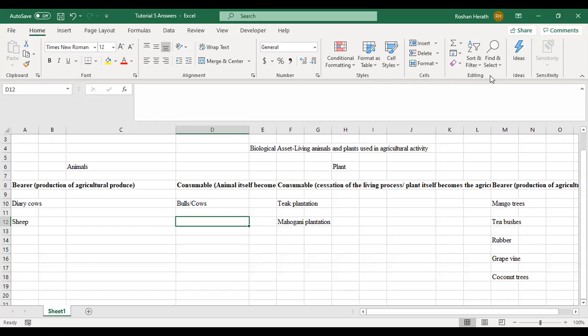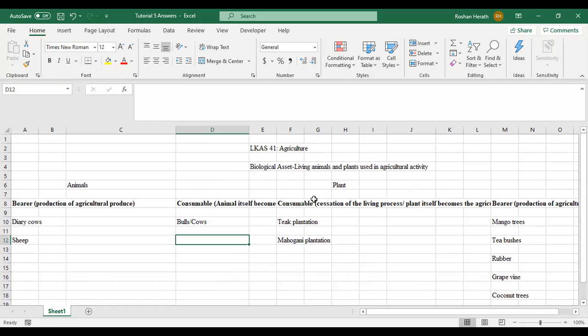It says that since you are using them during the works in the agricultural lands, they are being occupied. No, that is not the case. Here, when it comes to this standard, it looks at whether they provide you with some agricultural produce, or the particular biological asset itself becomes the agricultural produce.